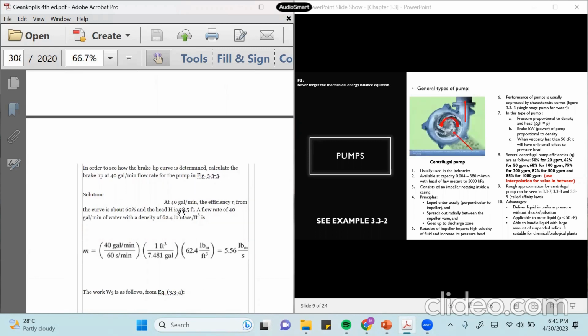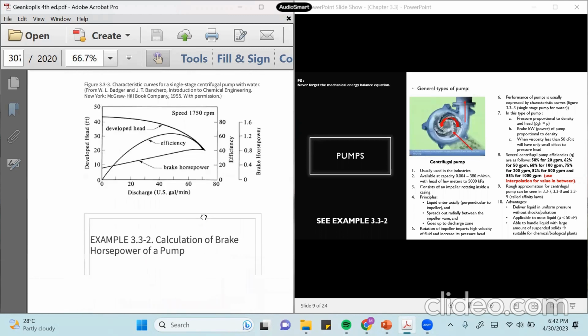Oh sorry, the developed head is not here. The efficiency is like this. At 40, if I go to the efficiency curve, then I will get the efficiency 60. If I draw a vertical line up until it passes through the brake horsepower curve, then I will get the brake horsepower.